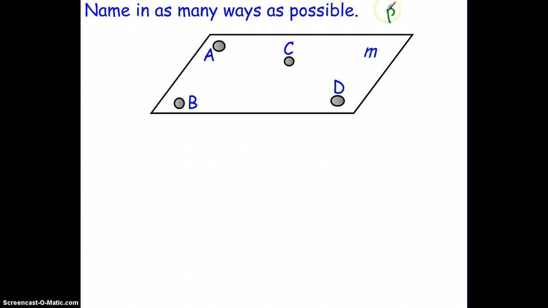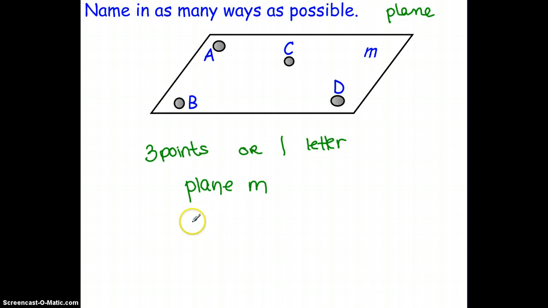Okay, this one would be a plane. In dealing with a plane, most of the time you need 3 points to be able to name it, or you could name it with one letter if there's actually a letter naming the plane, like M here. So I could write plane M. Otherwise, if I name it with points, I have to have 3 points that happen to be on there.